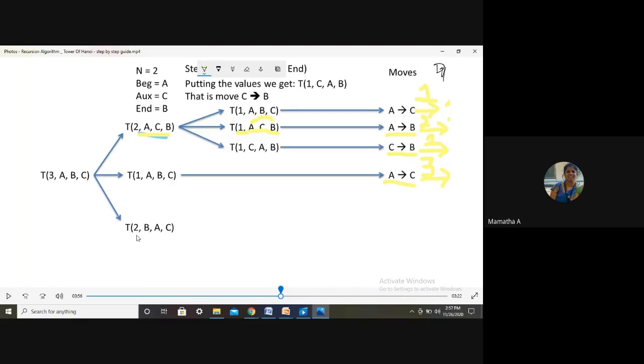Okay, next is moving the two disks from the auxiliary peg to the destination using my source peg. Okay, so let us see how it moves.